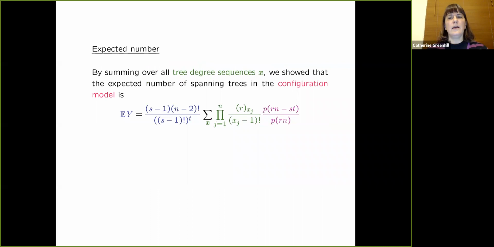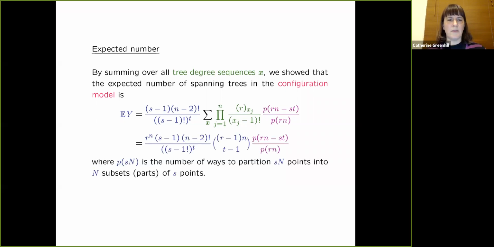Right. So I'm going to show you just some details from the calculations that we did for this most recent work. For the expected number, you want to embed a tree in a configuration in all possible ways, extend that configuration out to a full configuration, and for an expected value, you need to multiply by the probability that you see that particular configuration.